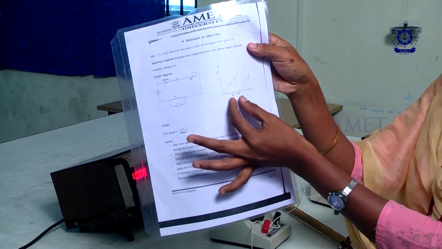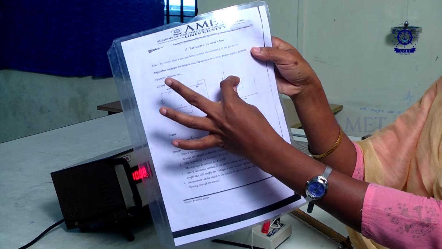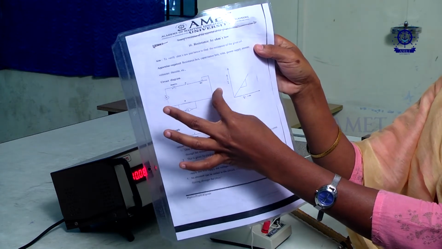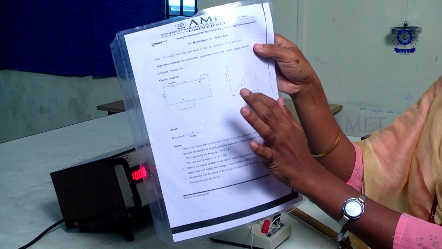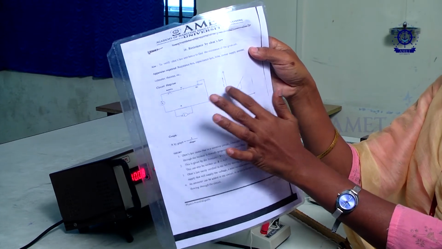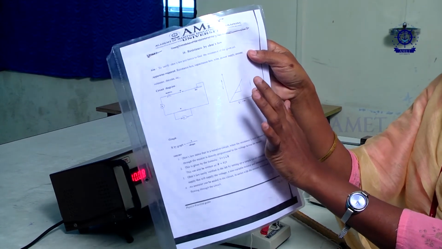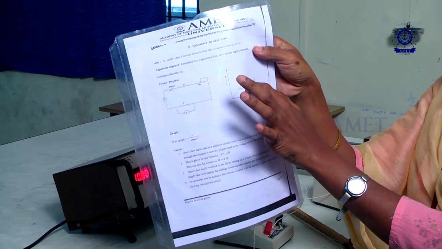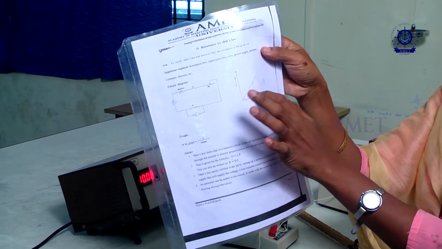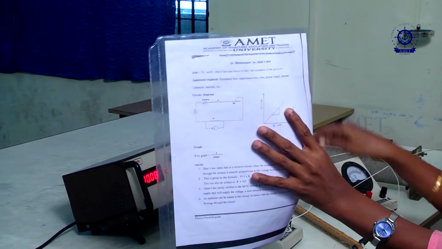This difference corresponds to your voltmeter reading, this difference corresponds to your ammeter reading, and we know the V value and the I value. From that we get the R value. So, graphically we obtain the resistance of this unknown coil.